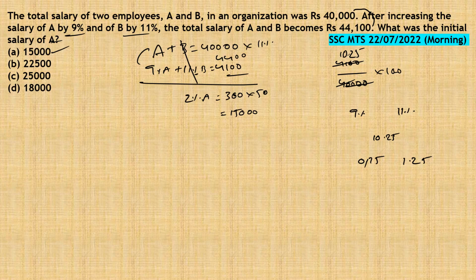The decimal points get cancelled, 25 3s are 75, 25 5s are 125, that is 3:5, the ratio of their salaries.